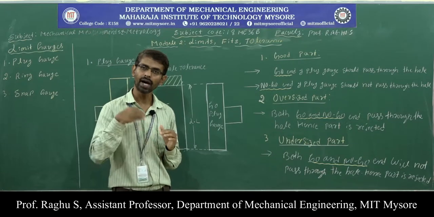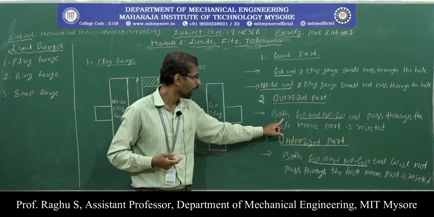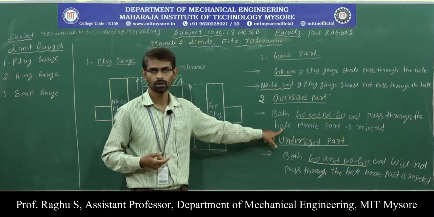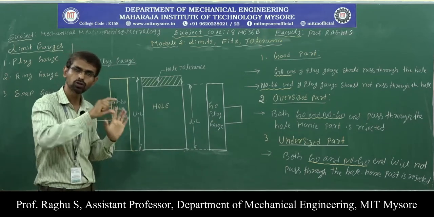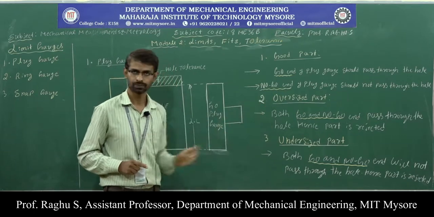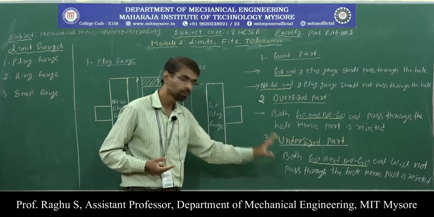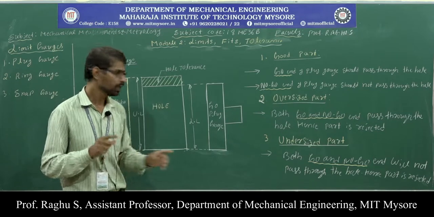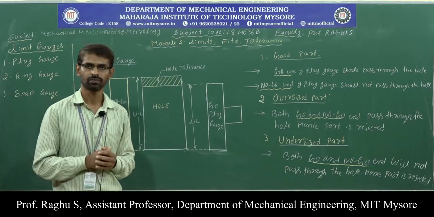Suppose the part is manufactured oversized, then both the go and no go end plug gauges pass through the hole. When both the go plug gauge and no go plug gauge pass through the hole, it indicates that the part is oversized. If undersized, both the go and no go plug gauges will not pass through the hole, and this condition indicates that the part is manufactured undersized.